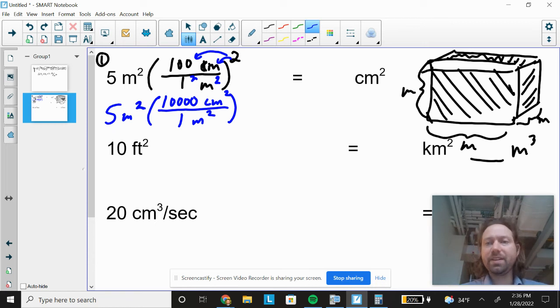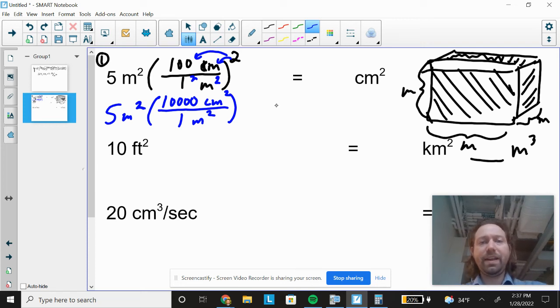So what this is saying is that if I have an area now of a whole square meter, how many square centimeters would fill that? It's not 100. In fact, it's 10,000 square centimeters fitting into a square meter, okay?